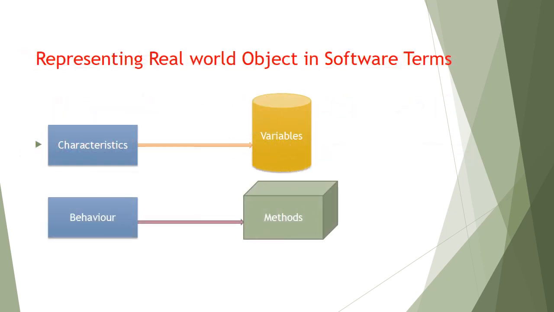Here we see a diagrammatic representation of converting a real world object into software terms. The characteristics of the object are implemented through variables, and the behavior of the object is implemented through methods.